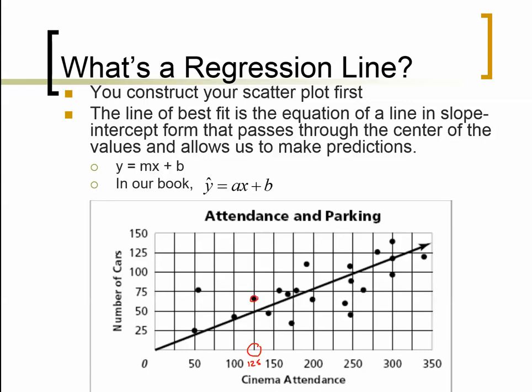Well, I have an exact data point here that I can estimate the number of cars. But for an attendance of like 275, I don't have an exact point. So what I can do is graph this trend line or line of best fit, go to 275, go to my line, and predict how many cars I should have in the parking lot with that attendance.